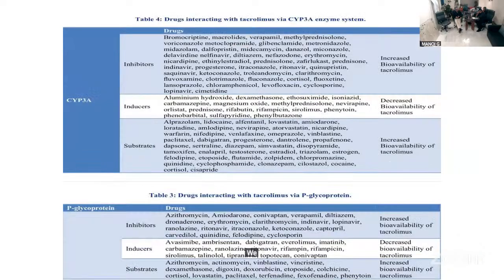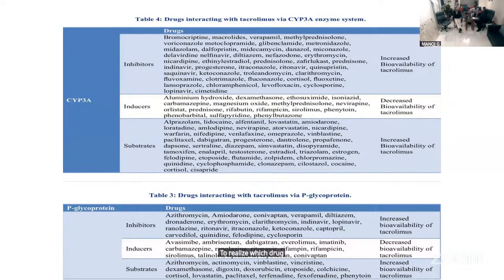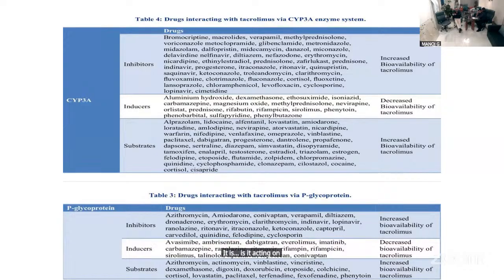We all know about the drug interactions. I'll not go into the detail, but now the time has come to realize which drug is acting on which part. Is it acting on the CYP3A level, or is it acting on the glycoproteins? Supposedly voriconazole. Voriconazole acts on CYP3A.